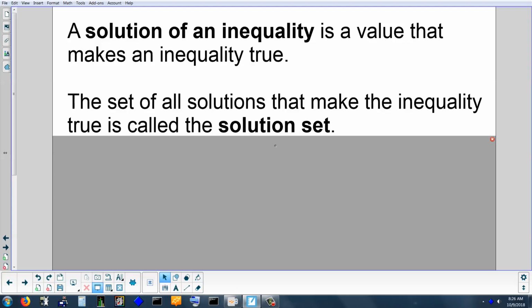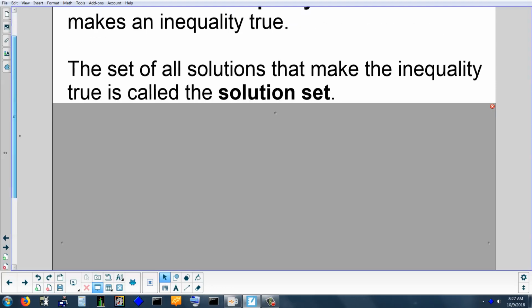In this case, we're going to give you a number and ask you if it's a solution to that particular inequality. So you have that second blank below it, so you want to fill that in with "solution set." And sometimes the solution set can be a whole range of numbers. In this case, we're just going to give you one number and see if it works. All right?